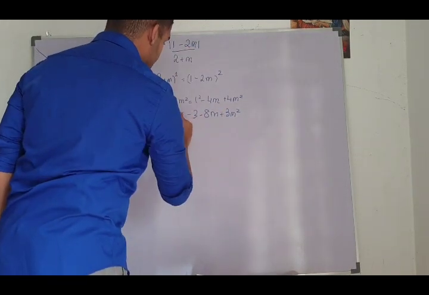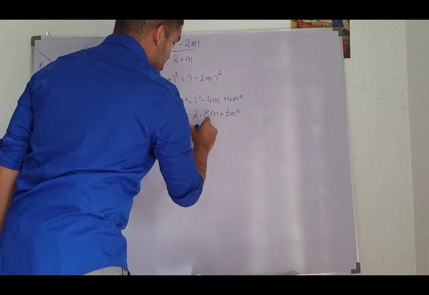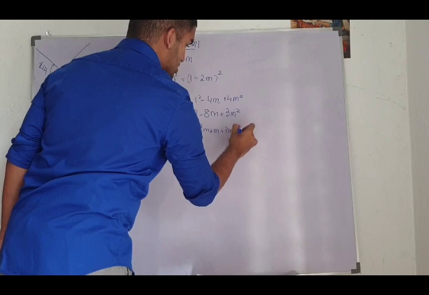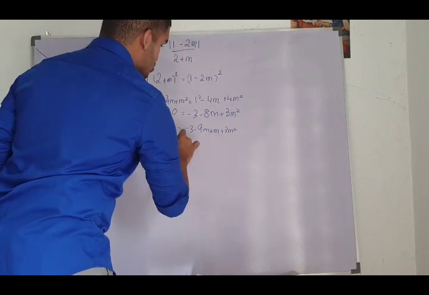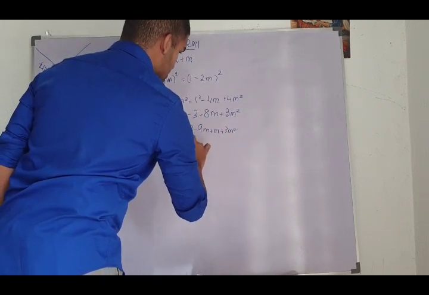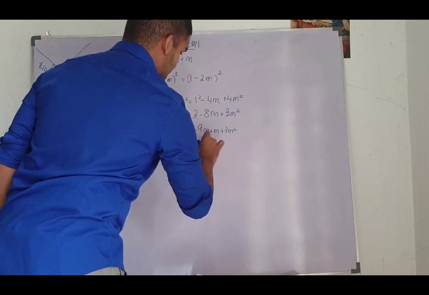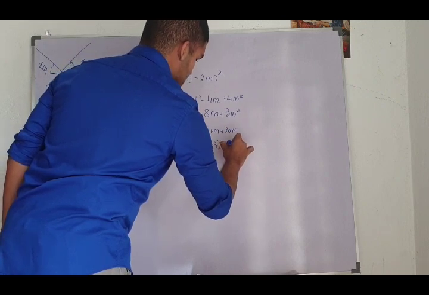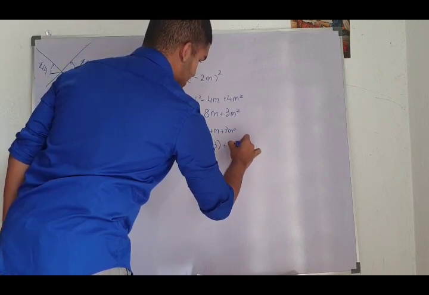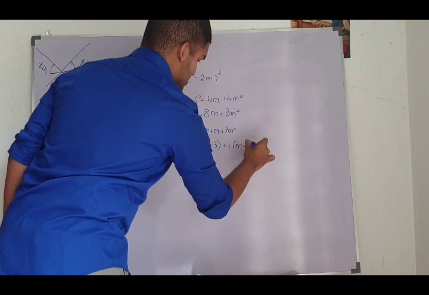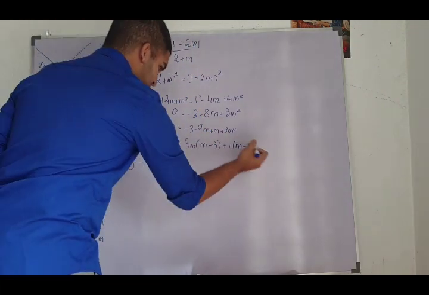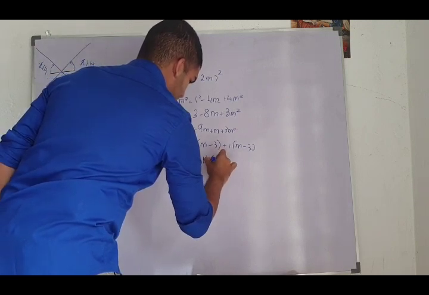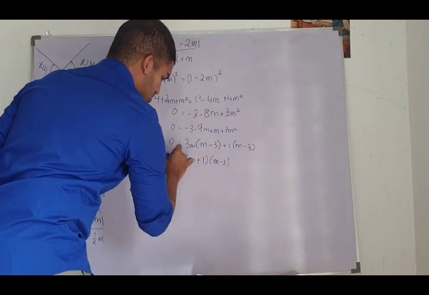The way to factorize is 3m squared minus 8m minus 3, which is 3m squared minus 9m plus m minus 3. Putting them into brackets, 3m will be out, and we get 3m plus 1 and m minus 3 equals 0.